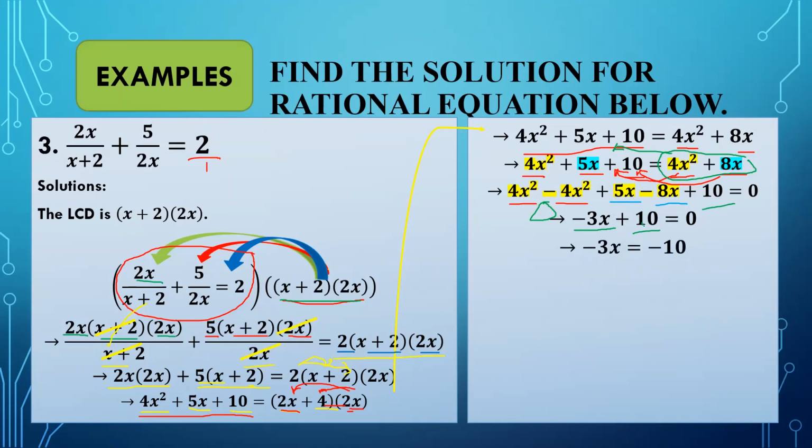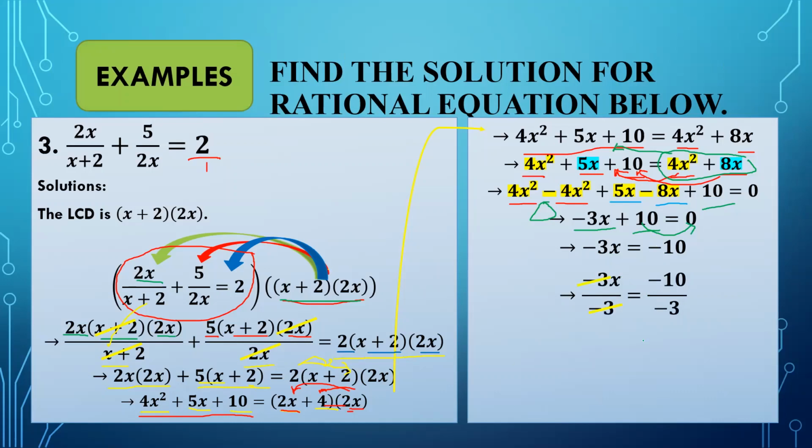By transposition, or additive inverse, from positive 10, we will have negative 10. So negative 3x is equal to negative 10. Simplifying, we have negative 3x all over negative 3 equals negative 10 all over negative 3. We divide both sides by negative 3.